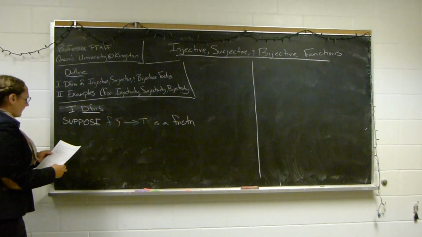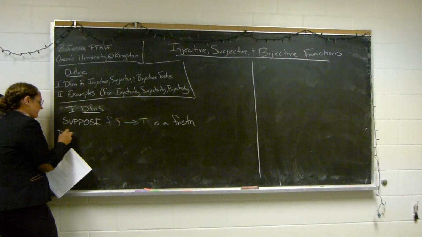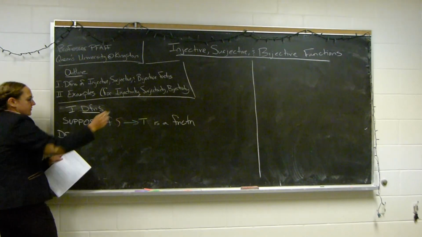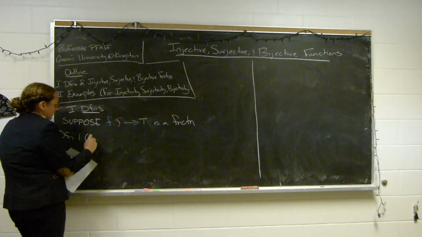Then by definition, this is how this is going to work. Definition 1, we're going to suppose this throughout this section. Definition 1 is going to be for an injective function.